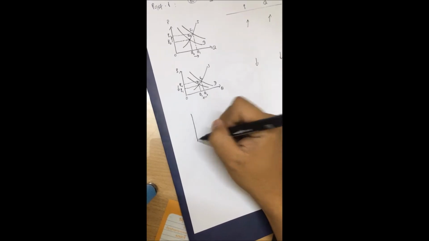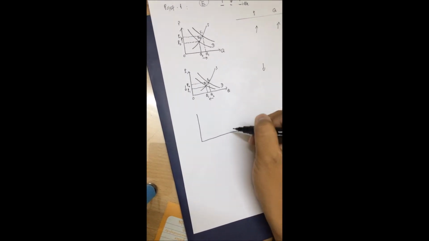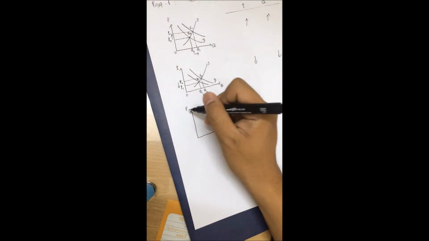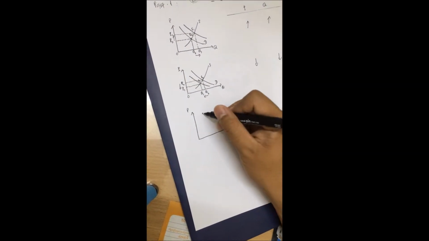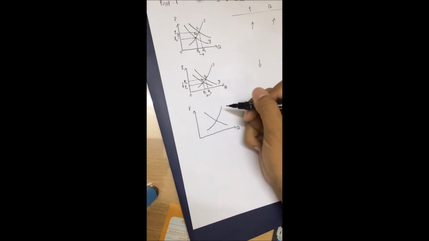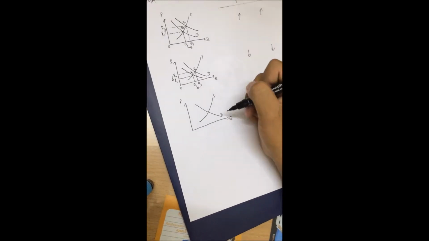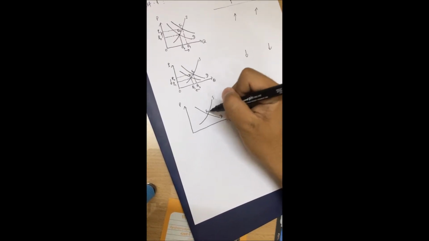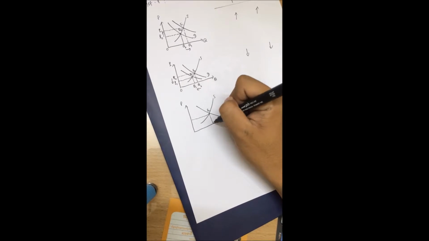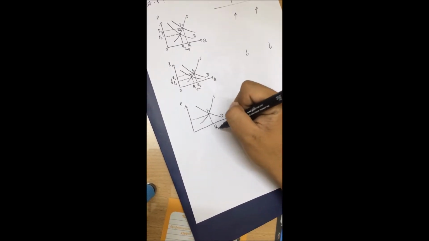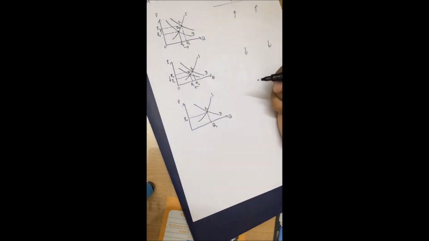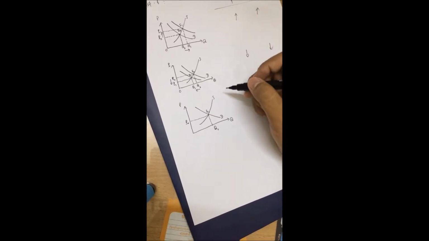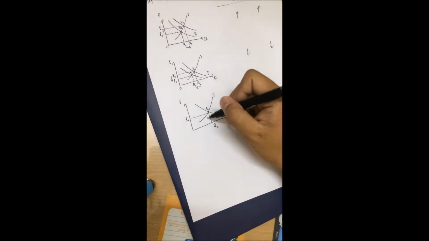Okay, so next one. We got supply increase. So you do the same thing as this one, because all you need to do is draw a graph, and the graph will tell you everything. Basically this is E0, and you draw it here, so it's Q0, P0. This one is supply increase. When it is increased, it moves to the right. So it's here.